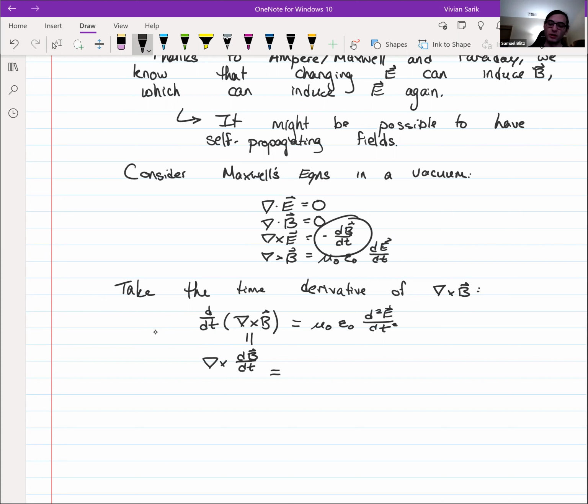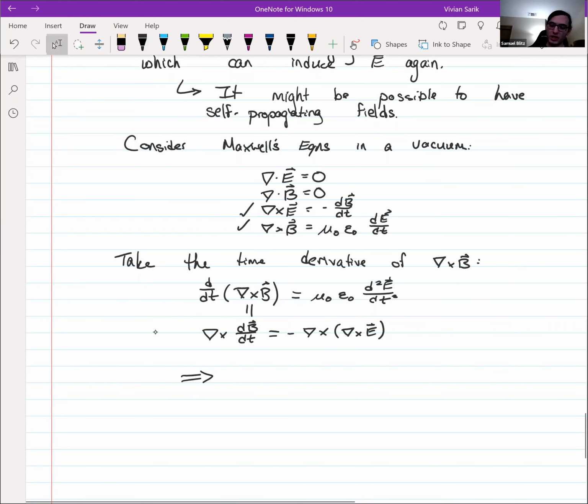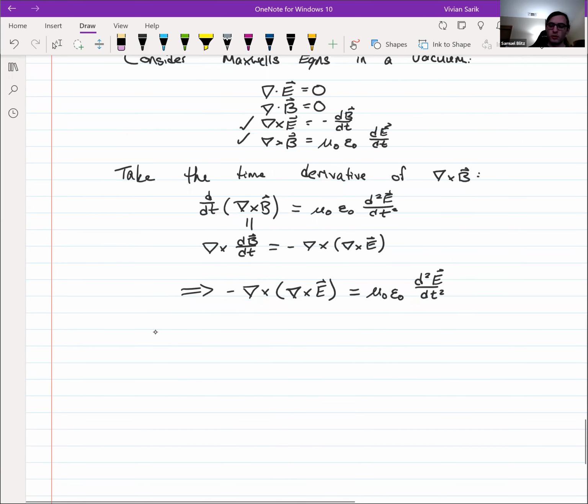That's equal to negative the curl of E. So this left-hand side is also equal to the negative curl of the curl of E. So I'm using both of these laws to rewrite the same thing in 2 different ways. So we're left with the equation: negative curl of the curl of the electric field is equal to mu naught epsilon naught times 2 time derivatives of the electric field. So already we have an equation that just relates the electric field to itself. Now we're not quite done yet. There's a vector calculus identity that we need.